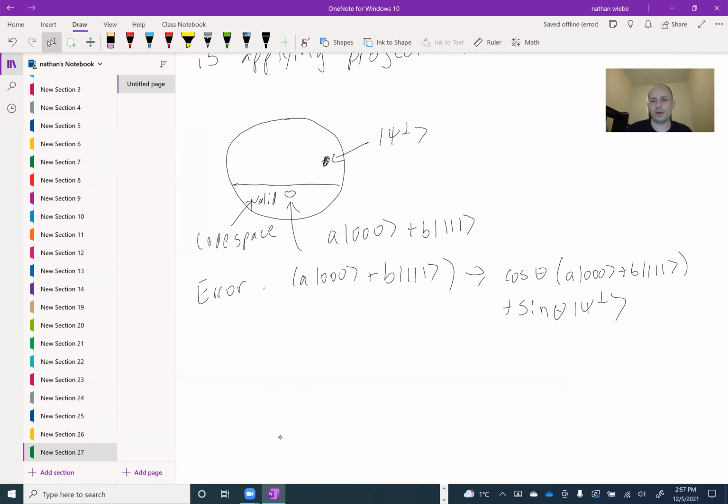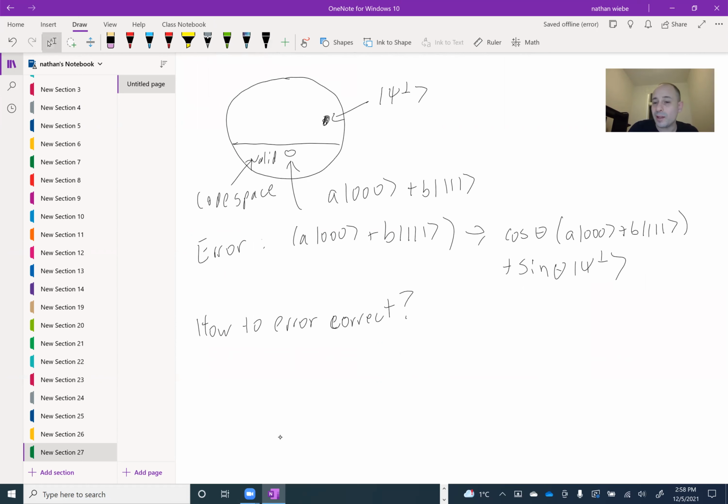So how could we perform error correction? Well, the basic idea is that we'd like to simply remove the psi perp component of the vector. If we do that, then we're left with our original vector that we ideally wanted to store.